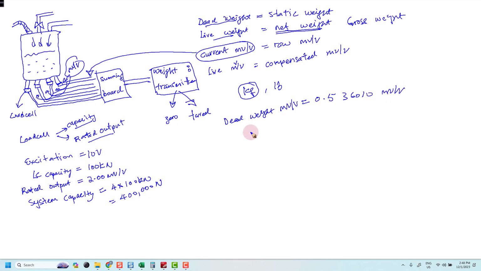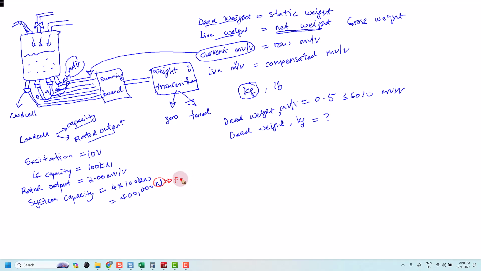What is the dead weight in kilograms? It's easy to calculate. As we know, the system capacity is 400,000 newton, and newton is a unit of weight or force.